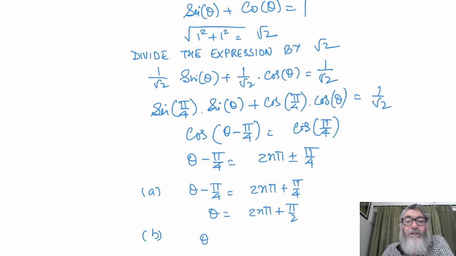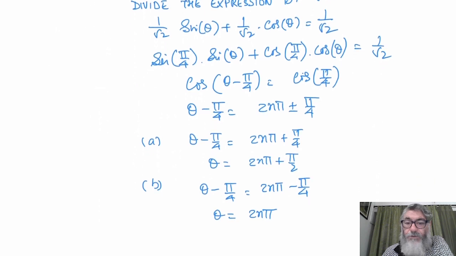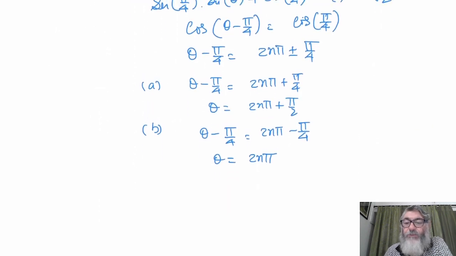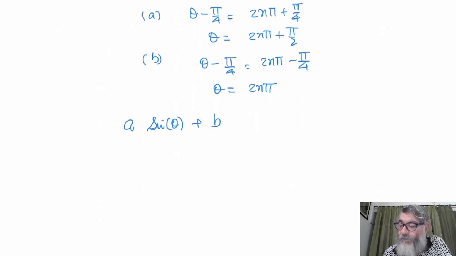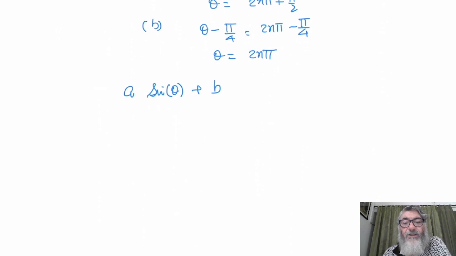Now in all these questions you notice that when it was A sin theta plus B cos theta is equal to C, then what we do is we take the square of the coefficient of sin theta, square of the coefficient of cos theta, and add them and take the square root.